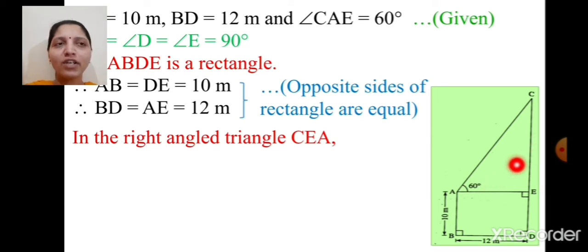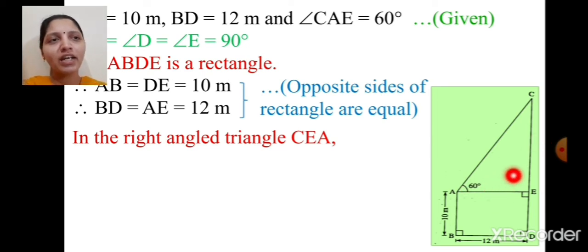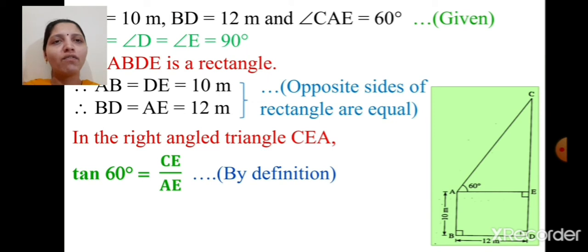These two relations you have to find out. In which trigonometric ratio you will get these two relations? Yes, in tan ratio. So you will find tan 60 degree is equal to CE upon AE, opposite side of theta upon adjacent side of theta. And reason you will write as by definition.